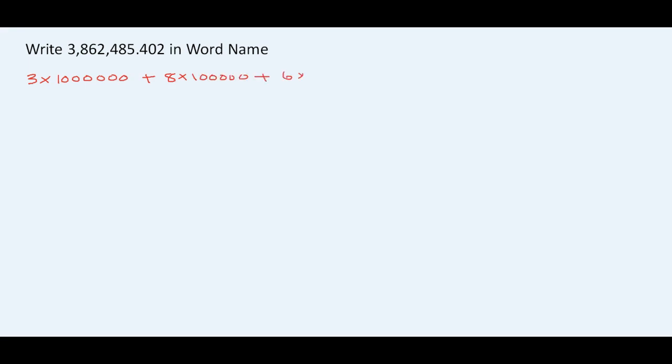Plus 6 times 1, we have 4 digits. Plus 2 times 1, we have 3 digits. Plus 4 times 1, we have 2 digits. Plus 8 times 1, we have 1 digit. Plus 5 times 1, that's the last digit before the decimal.